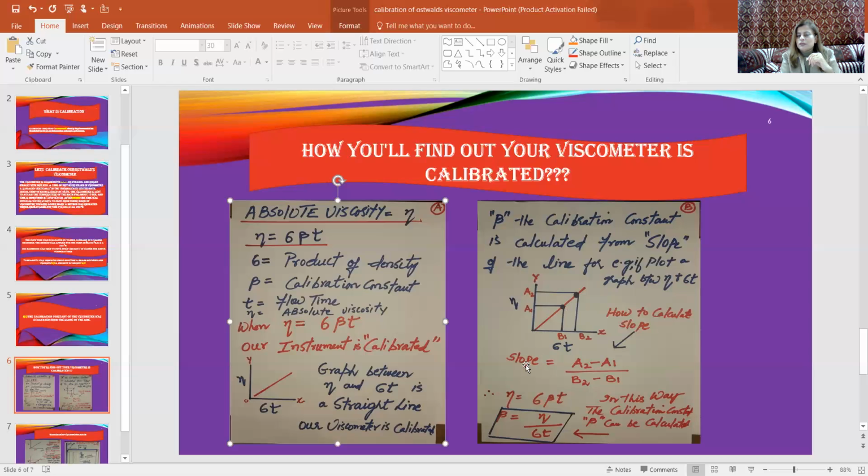Now, how are you going to calculate slope? You will apply this formula: slope equals a2 minus a1 upon b2 minus b1.